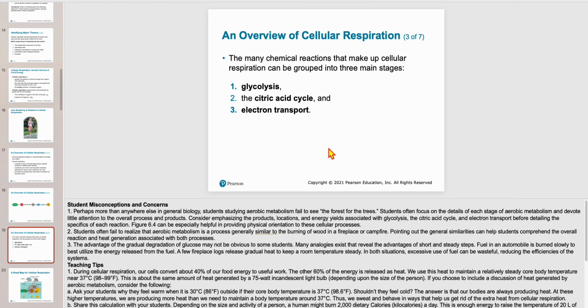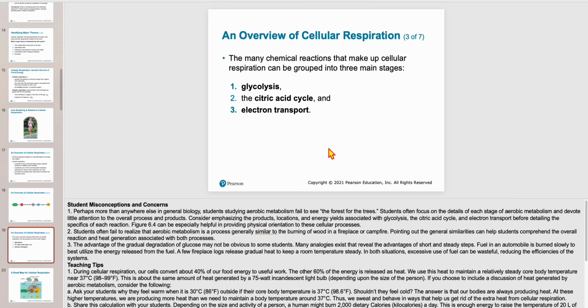Many people, even to this day, will use another term for citric acid cycle called the Krebs cycle. If you took high school biology and you remember some of that, the citric acid cycle is the same as Krebs cycle. We use it interchangeably. Then below that, we have the electron transport chain.